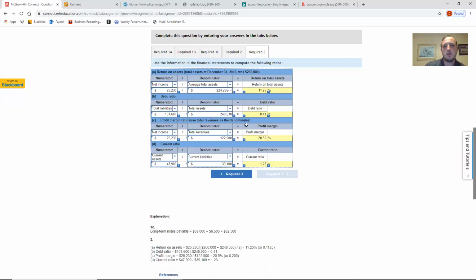Debt ratio. The question that most banks and investors have is, in the event of default, how much is there to pay the banks, who have the first right of any liquidity, versus the remaining amount that's at risk from the investors?